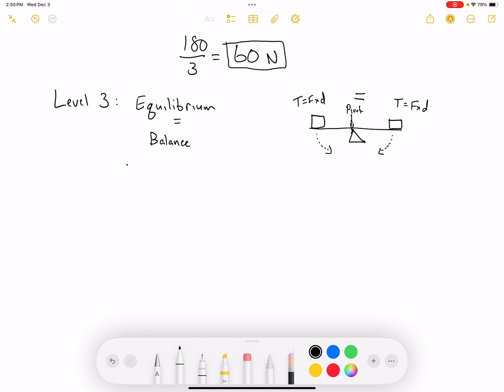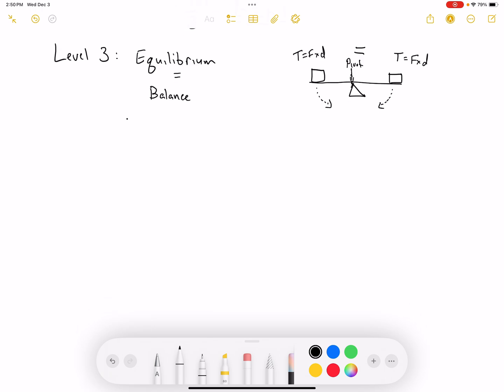So let's go ahead and scope out a practice problem then. So here is a balance beam. I'll go ahead and set one up just like my example. And on one side, I'm going to have an object with a mass of 4. It's going to apply 4 newtons of force downwards.